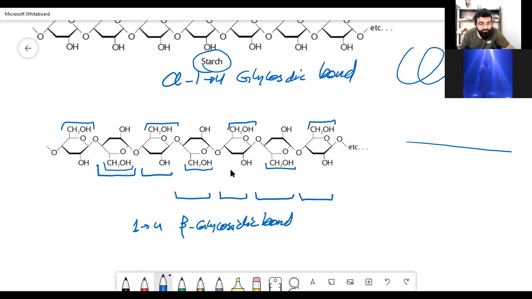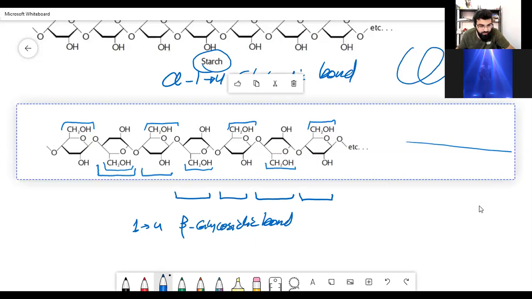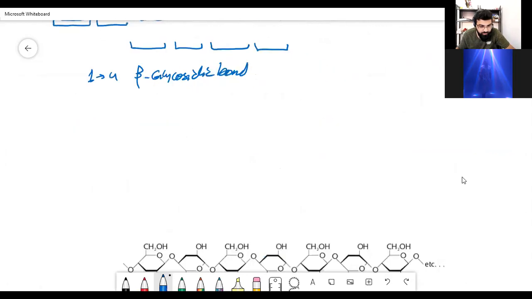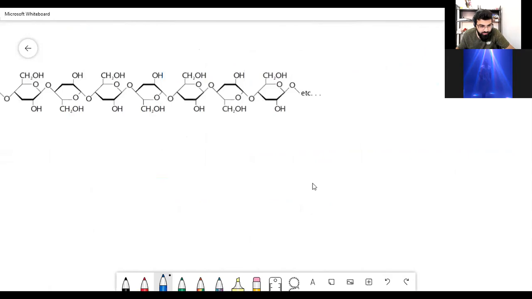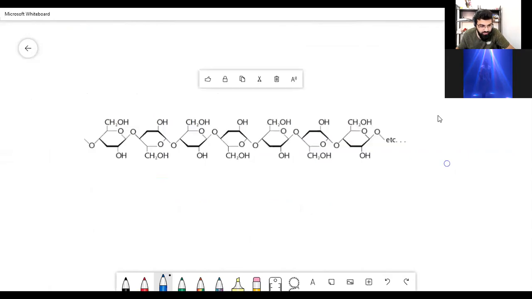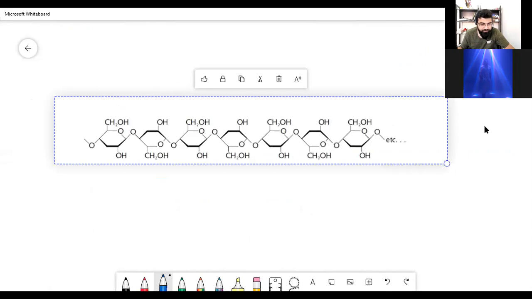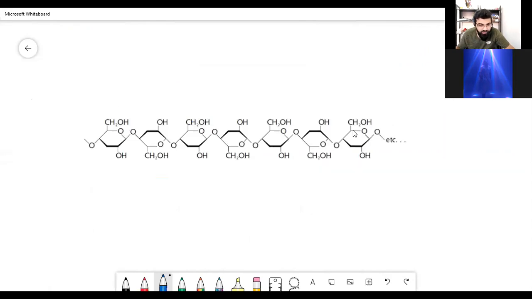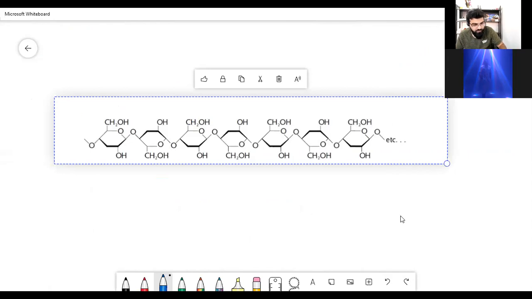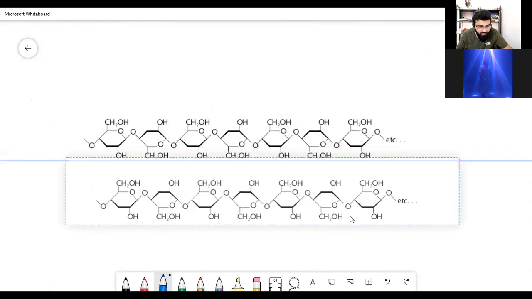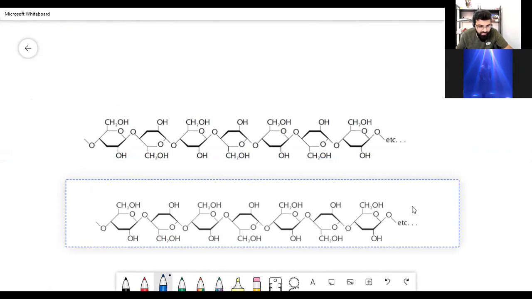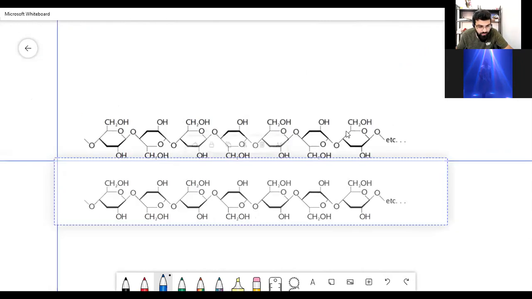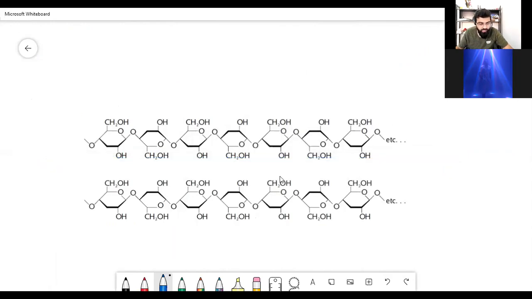Carbon number 6, now I want to take, I have another copy here. This is another copy of cellulose, guys. If I take one copy of this one and put it under it like this, like parallel strands, now I have one cellulose chain with another cellulose chain.